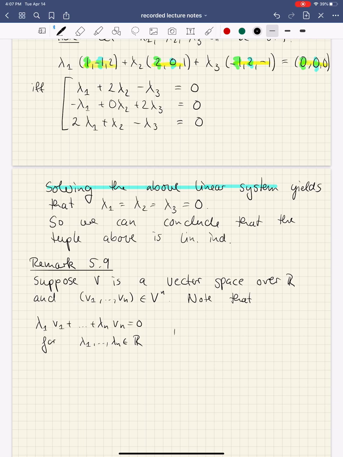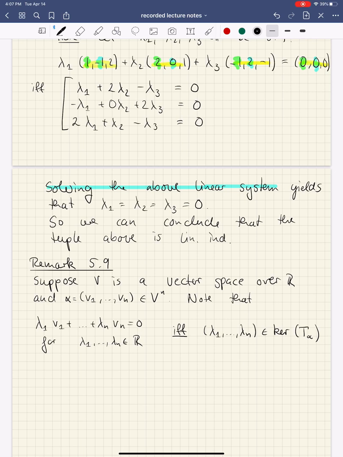This is the same as saying that, if and only if, this element in R to the n, the tuple given by the coefficients, is in the kernel of this map gamma alpha, and I'm going to let this here be alpha. So why is that?